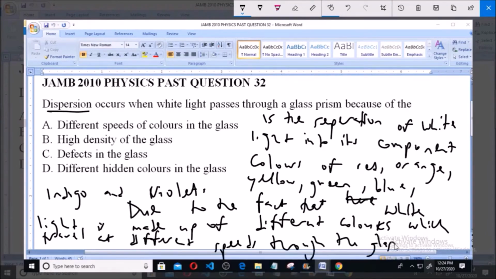So this is what brings about dispersion, because different colors of light travel at different speeds through the glass prism. Option A says different speeds of colors in the glass, so option A is the correct answer to this question.